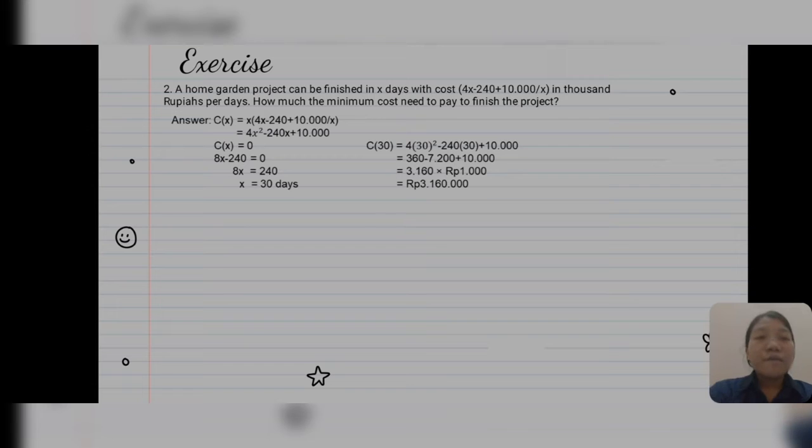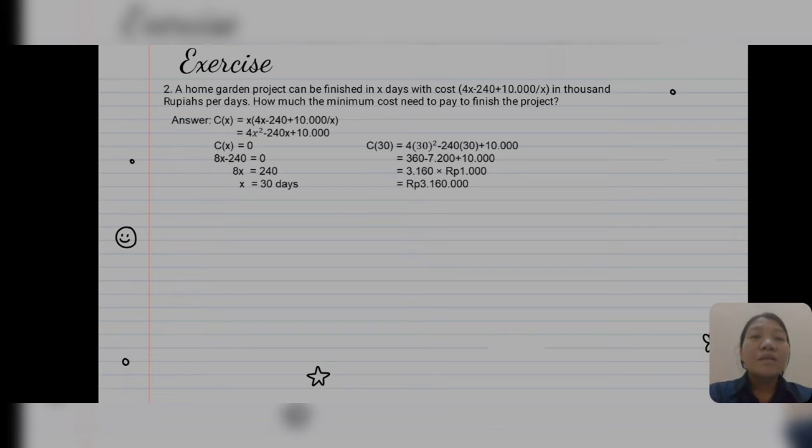So we got 4x squared minus 240x plus 10,000. And at here, because we want to find the x, so we need to make the C accent x is going to be 0.